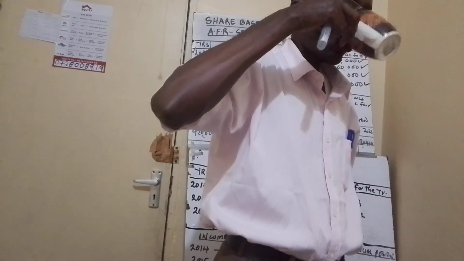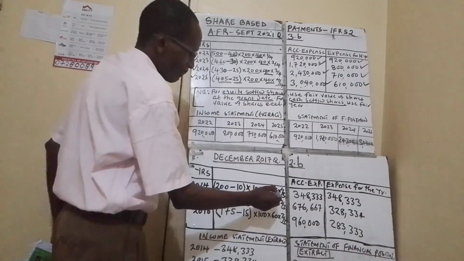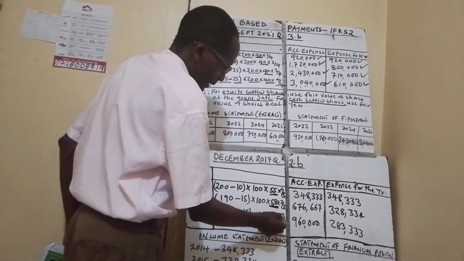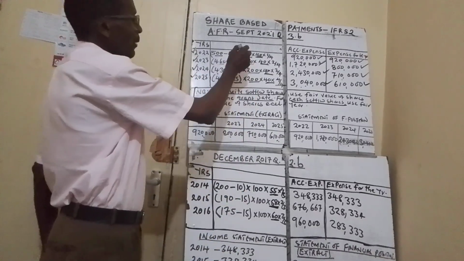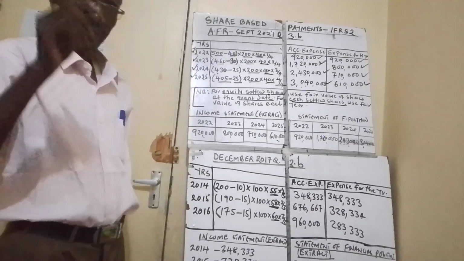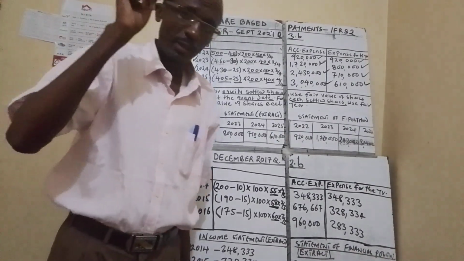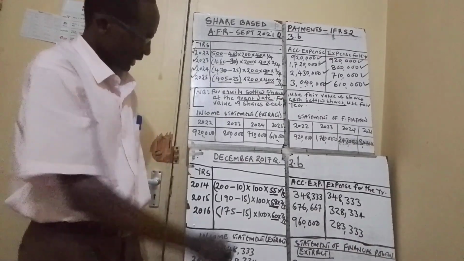Because we are using the cash settled share based method, we multiply by the prices prevailing in each particular year. After the first one, we multiply our number of options by 40, and 40 is the price of that particular financial instrument at the grant date. That's the major difference there.